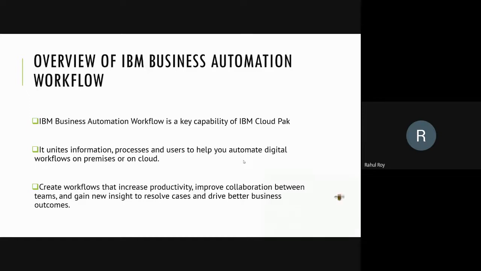Coming to the first point that we can see here, IBM Business Automation Workflow is a key capability of IBM Cloud Pak. IBM Cloud Pak is something which has evolved in the last few years. To be honest, this is why it was introduced.